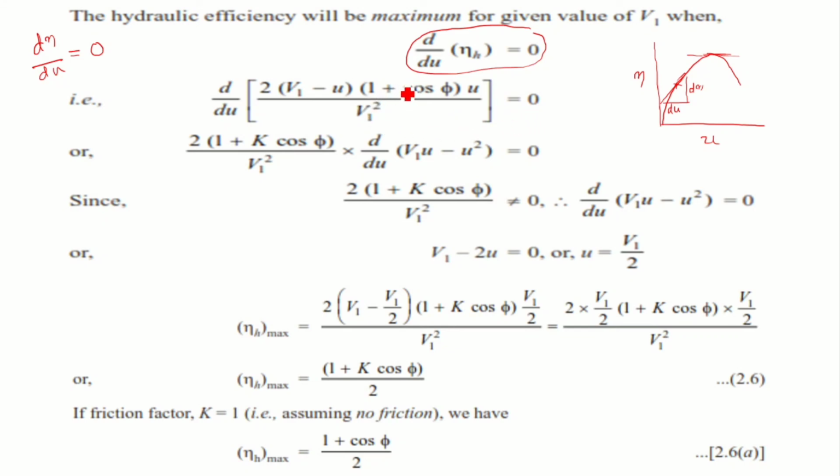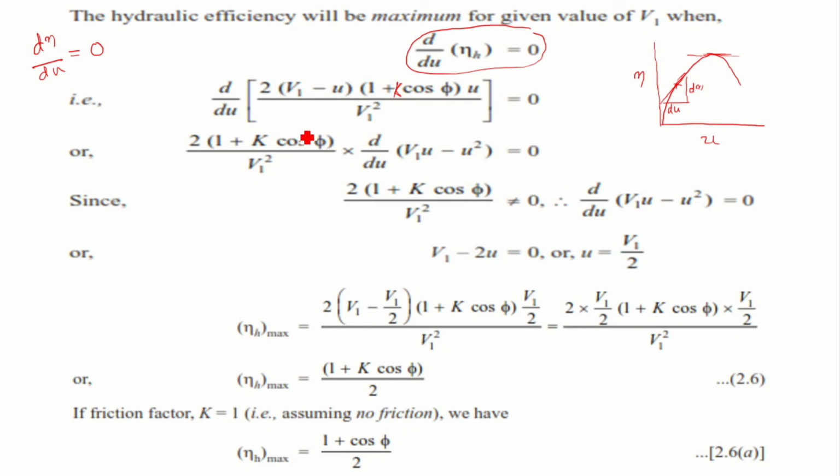So here one k value is there. We need to take the constant values out. So 2 into 1 plus k cos phi by V1 square into d by du of the term V1 into u minus u square is equal to 0.